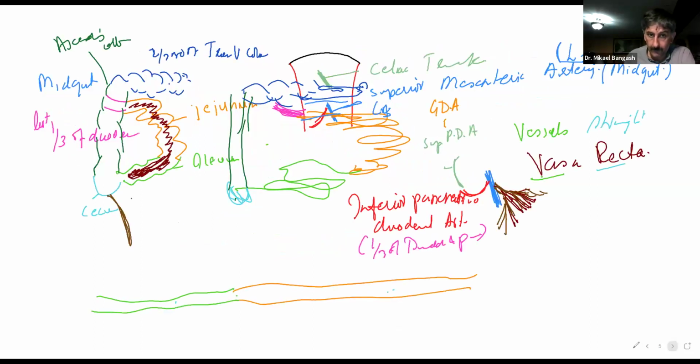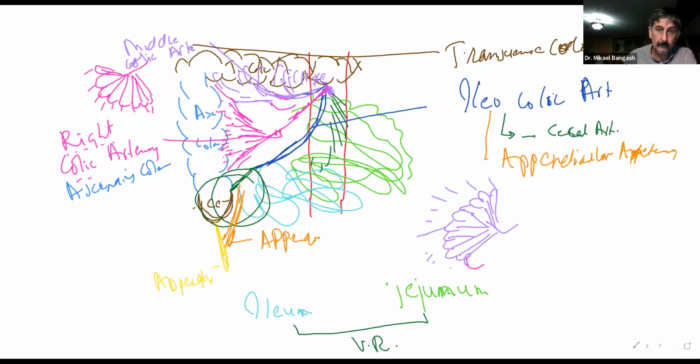So we then have the ileocolic artery, which is going to supply the terminal part of the ileum and primarily the cecum. And it also gives off the artery that supplies the appendix, called the appendicular artery.